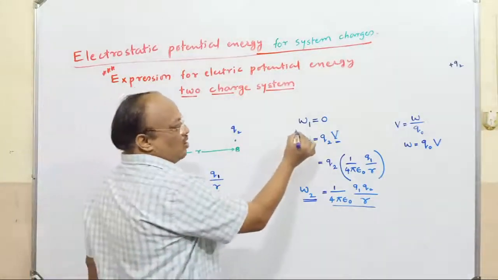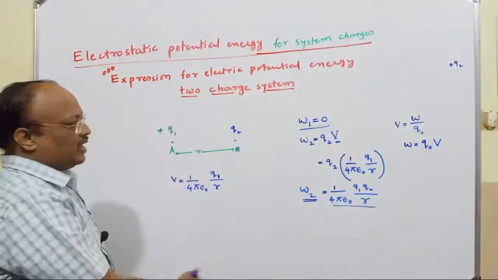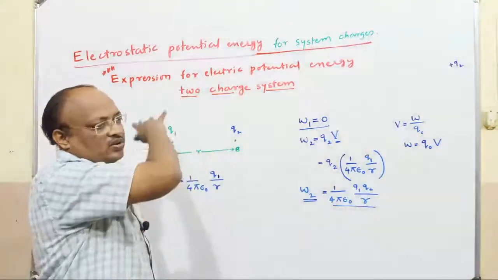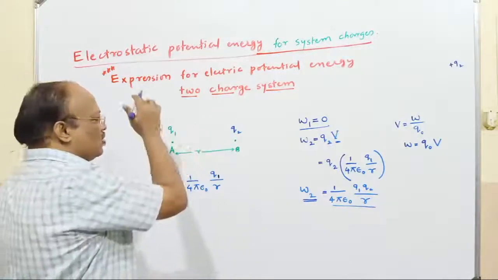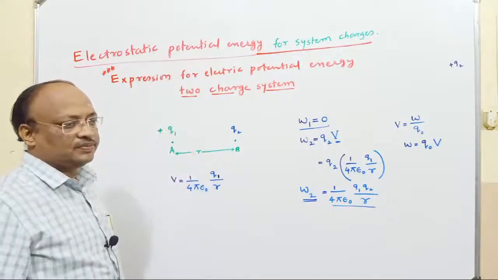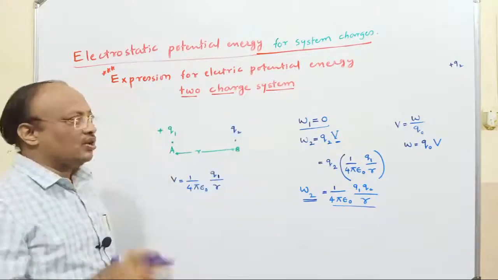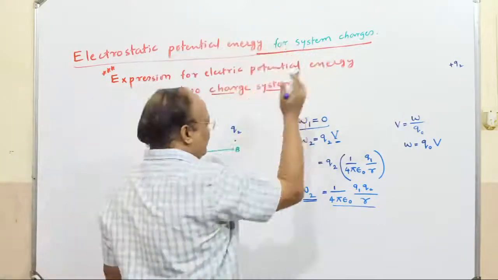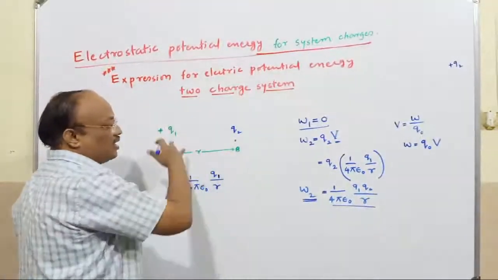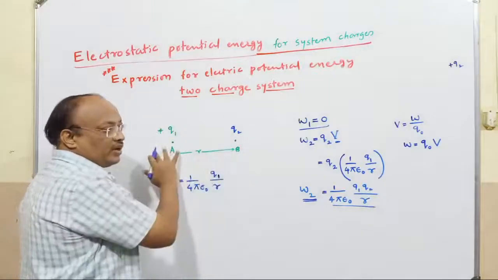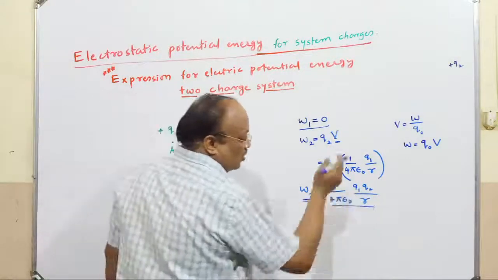Whereas we have not done any work for the first charge, because under ideal conditions no other electric field is there, so no need to do work to bring the first charge. Whereas the second charge you have to bring from infinity to this point. This will generate a potential and a repulsive force. That is why you have to do this much work.